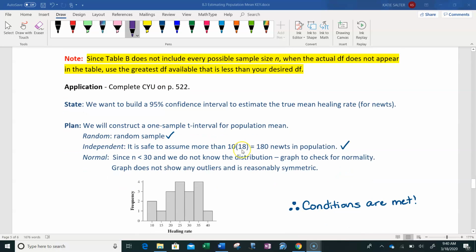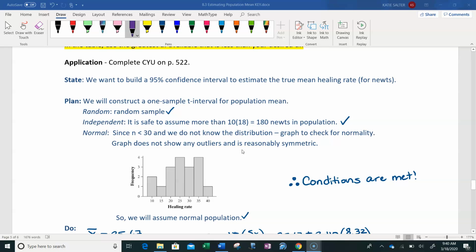All right, and then here's the one on the check your understanding about the true mean healing rate. Same thing, because the sample size wasn't greater than 30, we had to do some type of graph, and I just pulled this one. Honestly, that probably would be a lot to draw on your paper, so I would do either a dot plot or a box plot if it's between 15 and 30, something that's quick to draw.